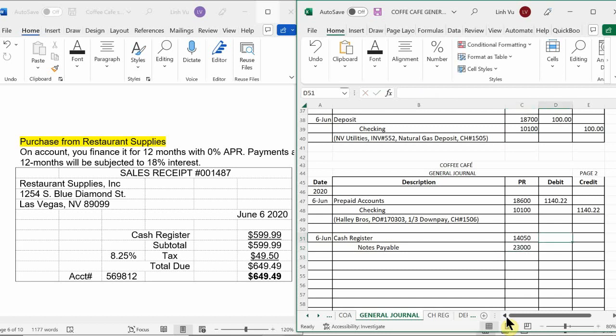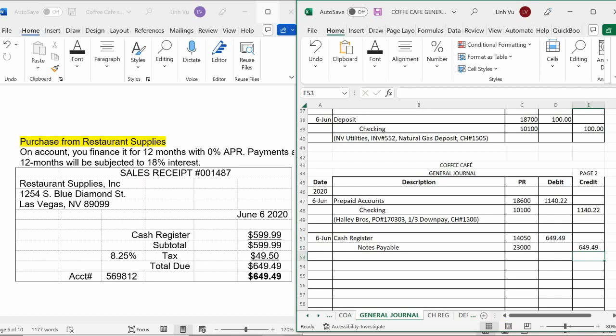Now, how much do I owe Restaurant Supplies? $649.49. And that is exactly how much my cash register is worth. We've already included the sales tax because that's part of the cost of an asset. So $599.99 plus $49.50 will give you your $649.49.